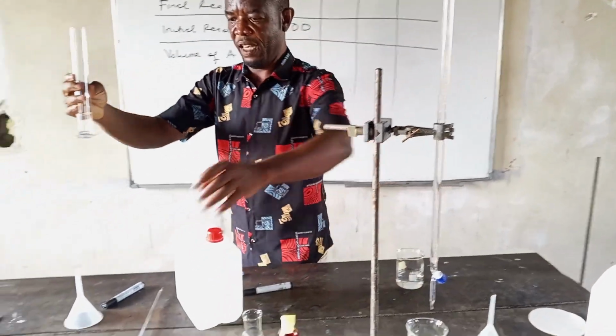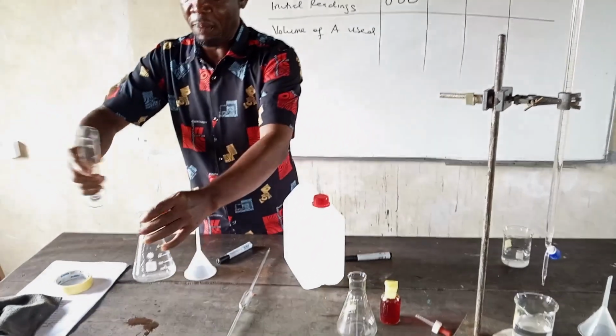So I have 25 cm³ of the base here. I empty it into a conical flask.